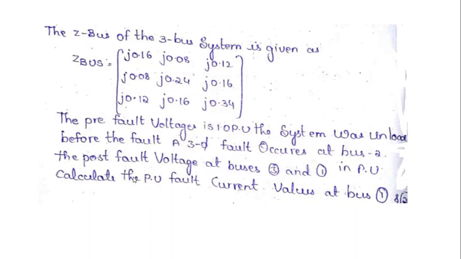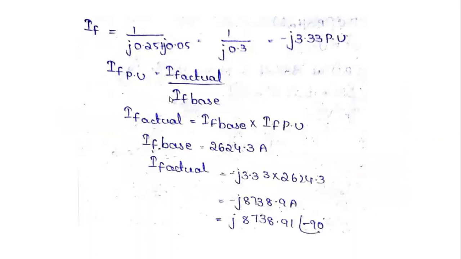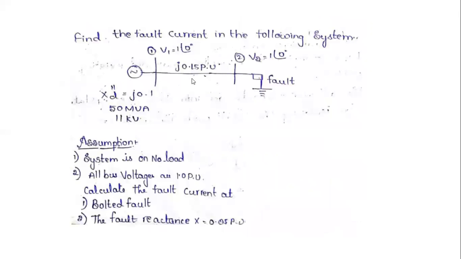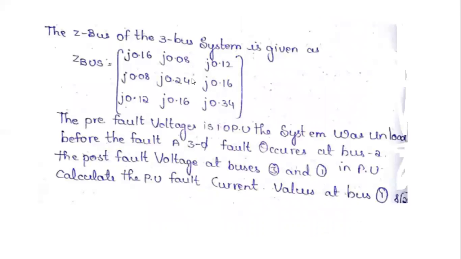Then we calculate the fault current. The formula is IF fault is equal to IF actual fault current by base value, the IF base current. This is the problem that will be given in the question.